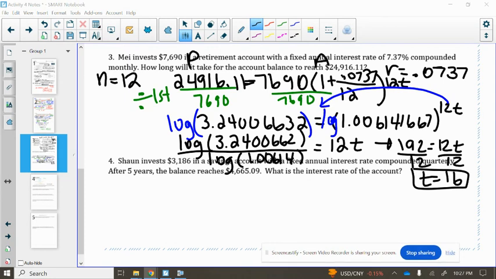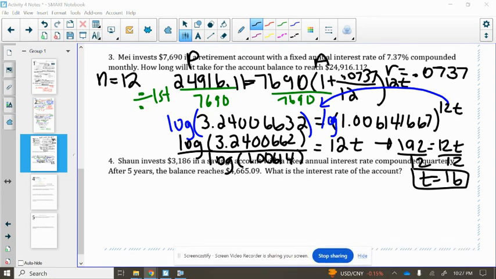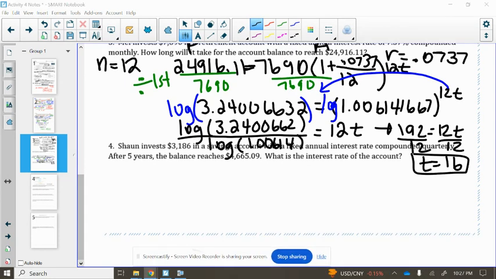All right, our last example of the day is talking about Sean, and Sean is investing an initial amount of money of $3,168 into an account with a fixed interest rate, but compounded quarterly. So quarterly compoundings would happen 4 times a year.